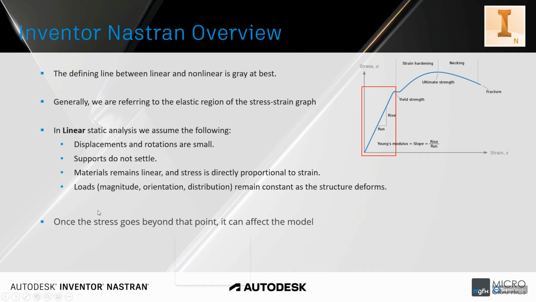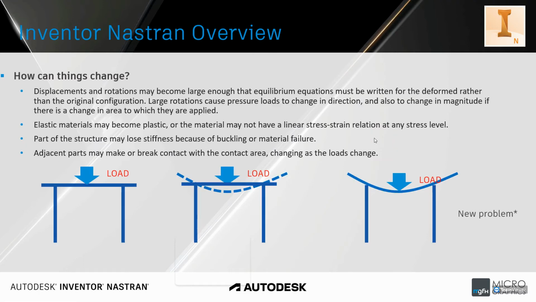And lastly, we are assuming that the loads, all of the magnitude, orientation, distribution remain constant as the structure deforms. Right? I'll dive into a little more of that just now with some pictures. Right? But basically, once the stress goes beyond that point, it can affect the model in various ways. So how can things change? How can it affect the model in various ways?